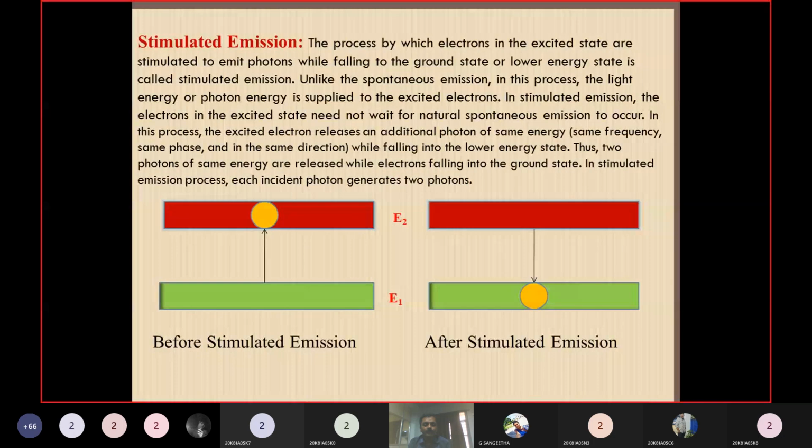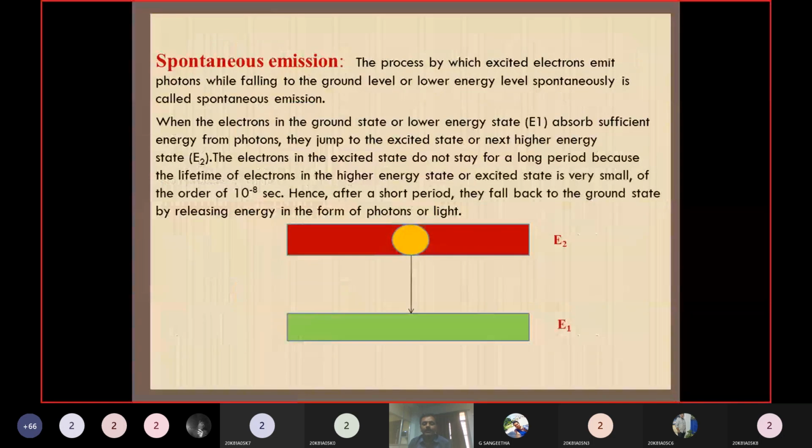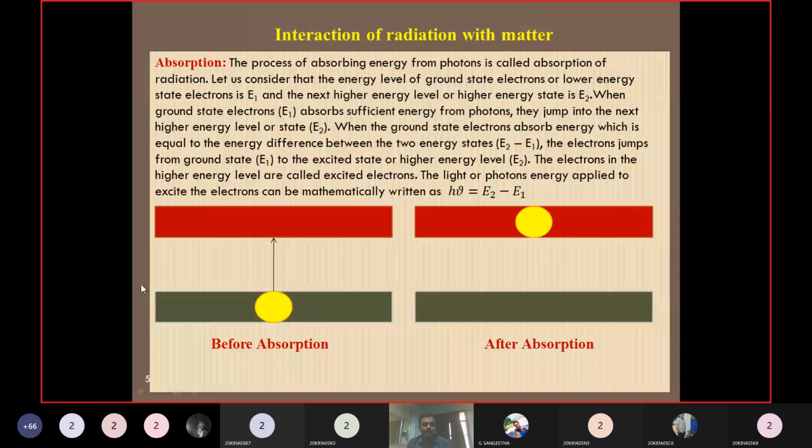Why do we call it stimulated absorption? Because we are using an external source of light to send the electron from the ground state to the excited state. That's why this absorption process is also called stimulated absorption.